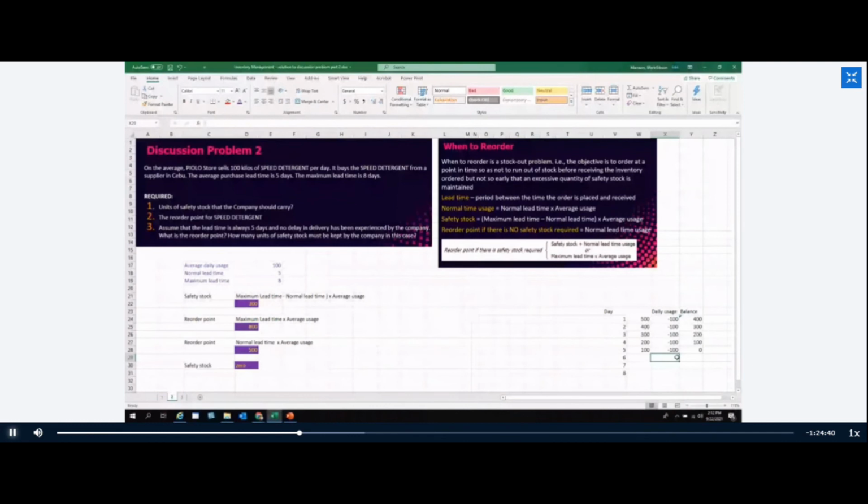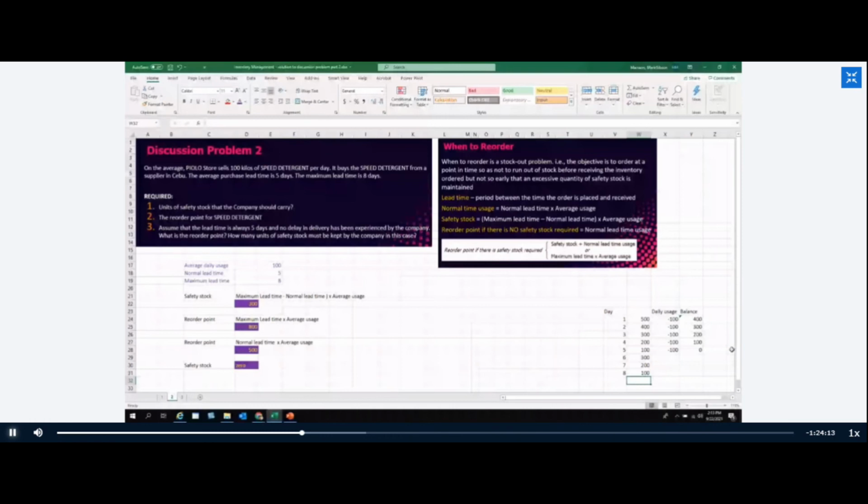So, applying the concept of safety stock, parang sinasabi natin dito, dapat meron ka pang additional na 100, additional 100 dito, additional 300, no? So that you'll be able to make sure na hindi ka magkakaroon ng lost sale, no?